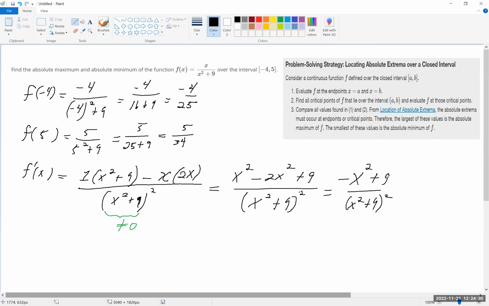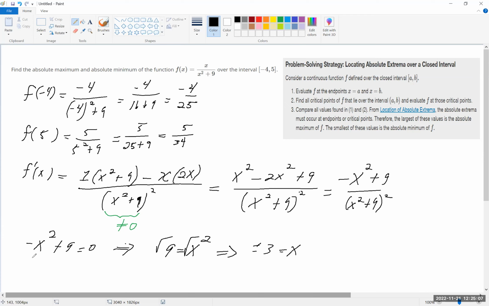So the only way for f prime to be 0 is when this is equal to 0, which implies that x must solve this equation, which implies that the critical values are plus and minus 3.